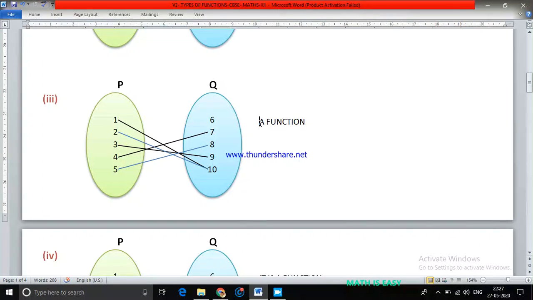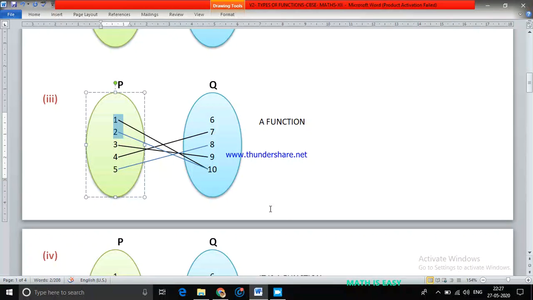But can I say whether this is a 1-1 function? No. Why? Because the number 1 and number 2, both are two different elements of P, but they are having the same image. They do not have distinct images.